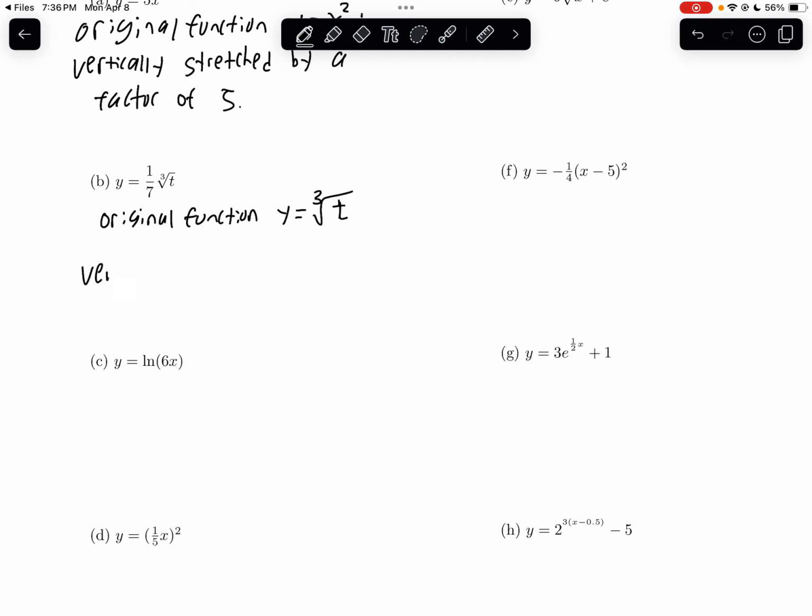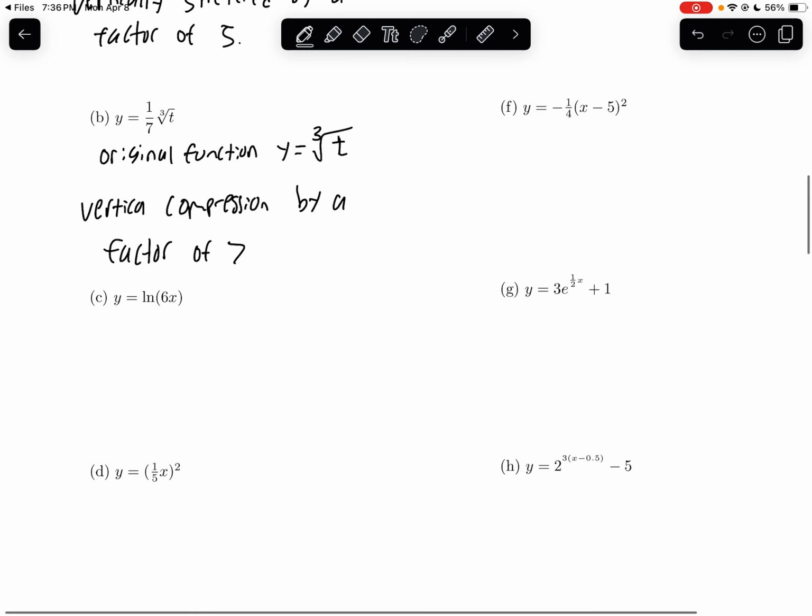This is a vertical compression by a factor of 7. Okay.